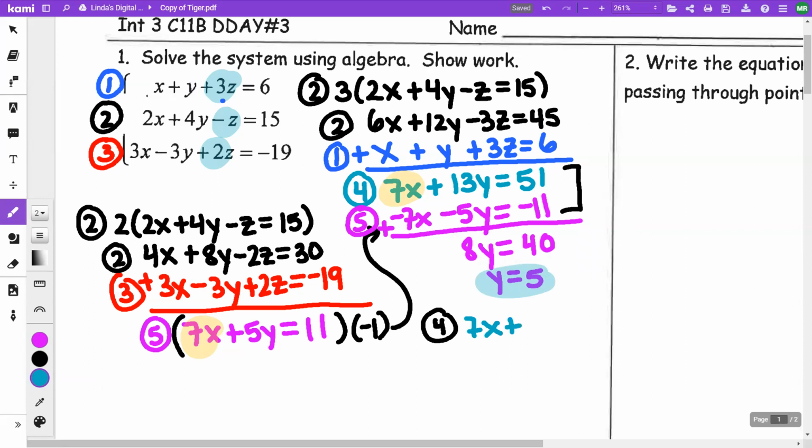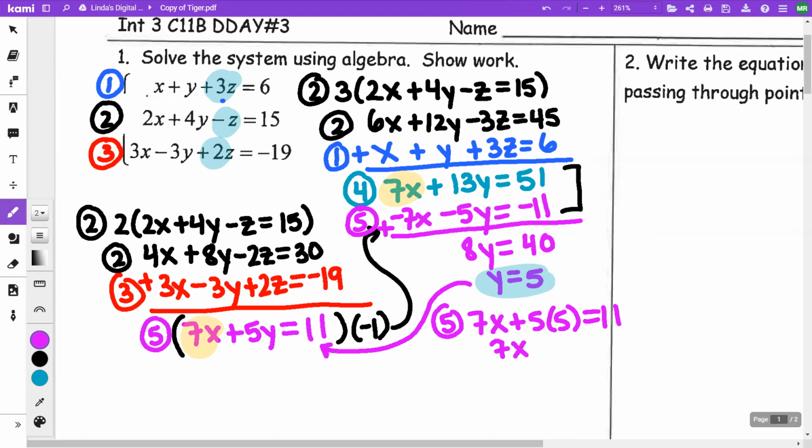Actually, let me do it in equation 5, smaller numbers. So into equation 5, the one I didn't multiply by a negative. So that's going to be 7x plus 5 times 5 equals 11. So 7x plus 25 is equal to 11. I'm going to minus 25 from both sides, and I get negative 14. And so x is negative 2.